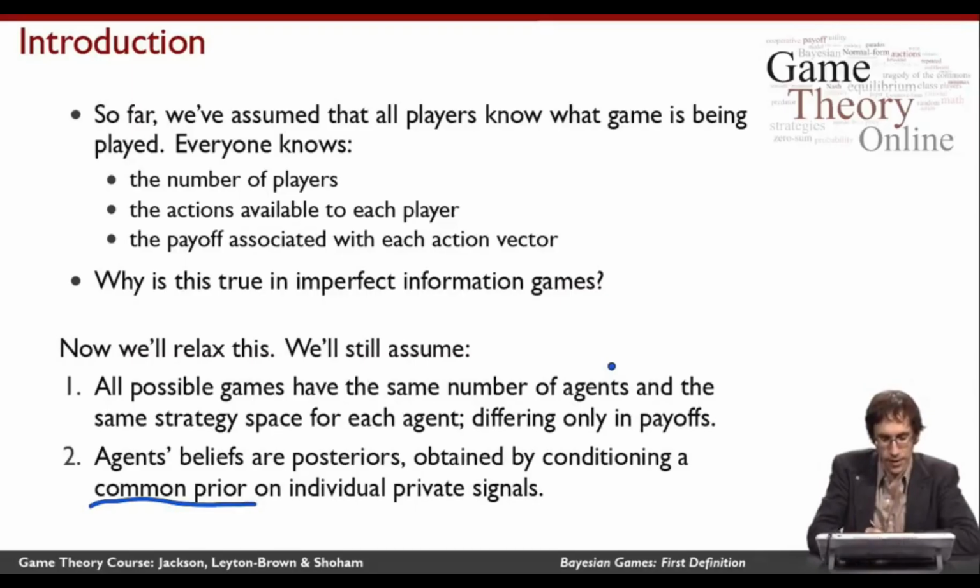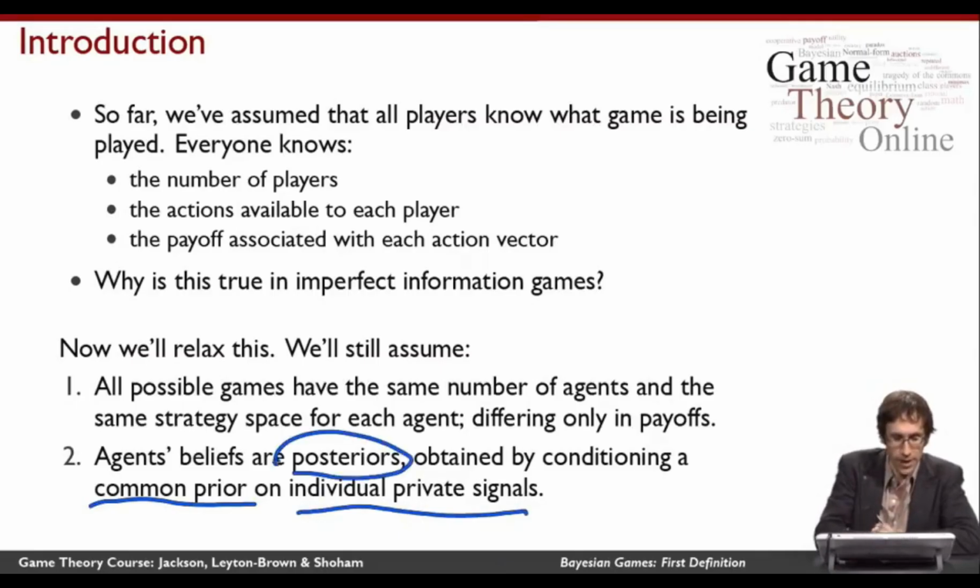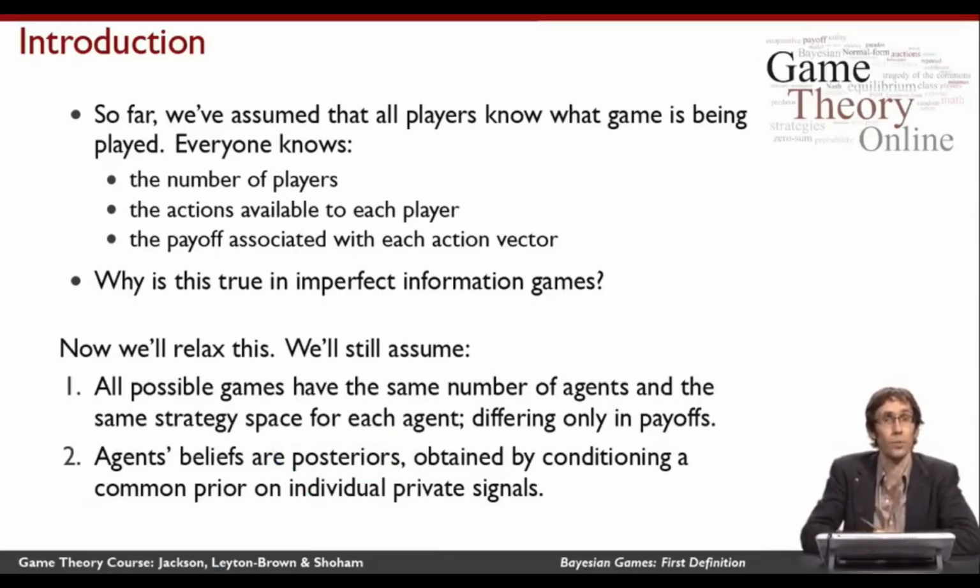And then they might get individual private information about, in fact, what game is being played, and then they'll do Bayesian updating. So they'll end up with a posterior belief which is obtained by starting from this common prior and updating it based on their private information. So that's an assumption. We could believe that the agents had different prior beliefs, but that's not what we assume in the case of Bayesian games.